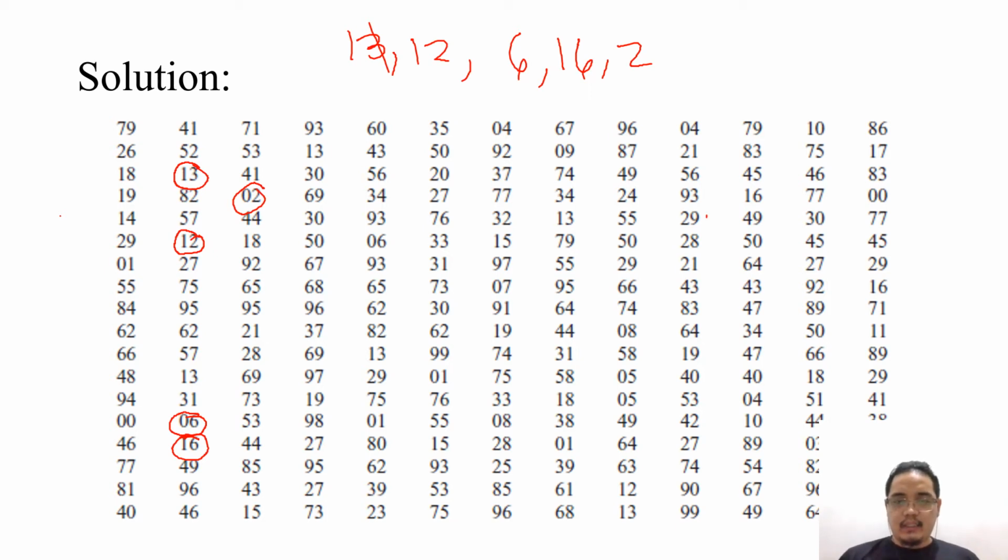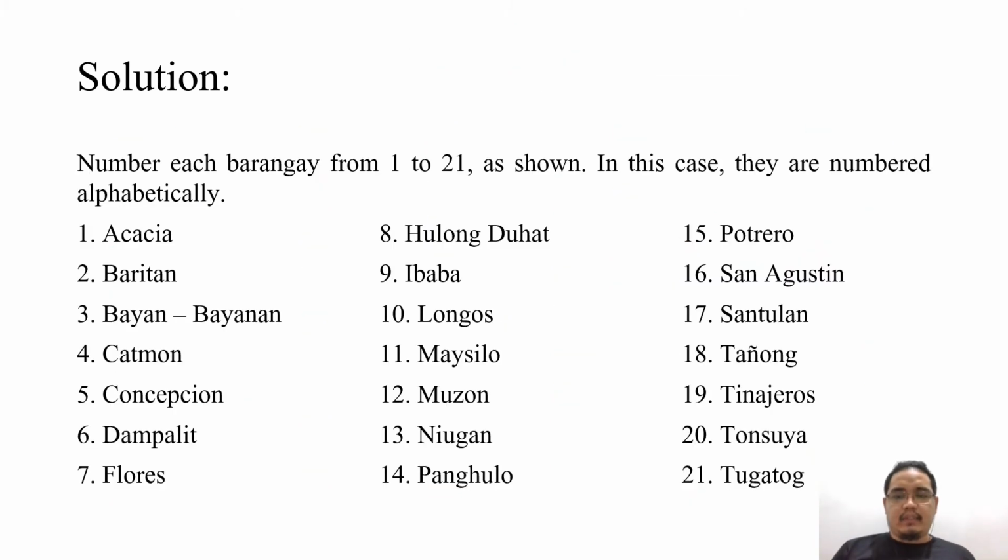Okay, so kung babalikan natin yung barangays kanina, kunin nyo lang kung ano dun yung pang 13, 12, 6, 16, and 2. Yan. So, kung babalikan natin yung barangays kanina na ni-number natin, ibig sabihin, napili na natin yung 5 barangays na kailangan natin.